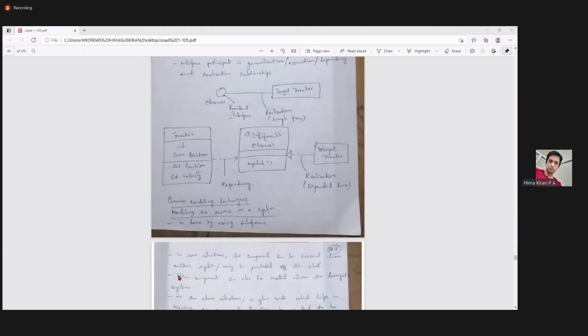Any other? When do we have to use a realization relationship between classes or components or classifiers or whatever it may be? Hello, any other answer? I got one answer in the chat box, which is wrong.